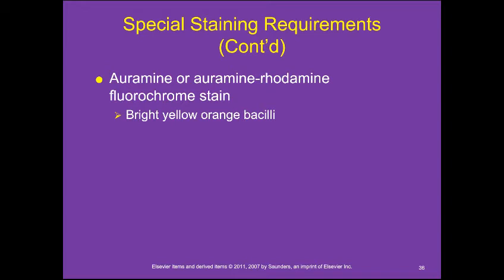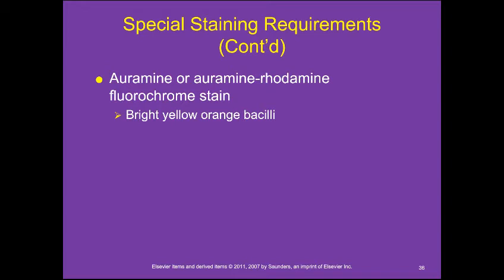Then your Mycobacterium tuberculosis will fluoresce, it really looks like it is glowing, with orange bacilli. Okay? Actually, the auramine or auramine rhodamine fluorochrome stain is highly recommended by the World Health Organization and is being encouraged to be used nowadays.